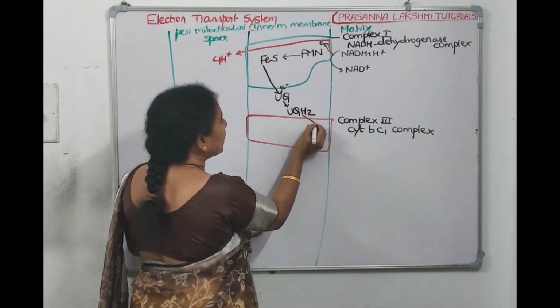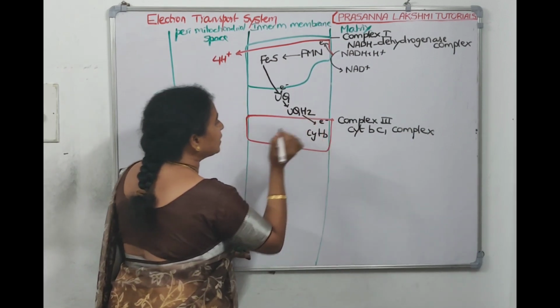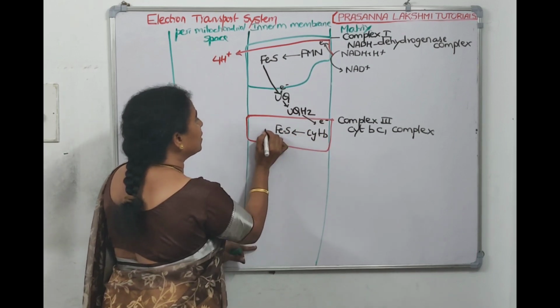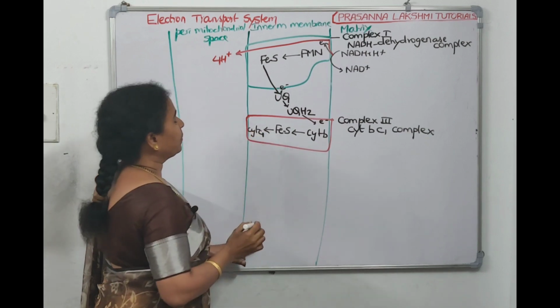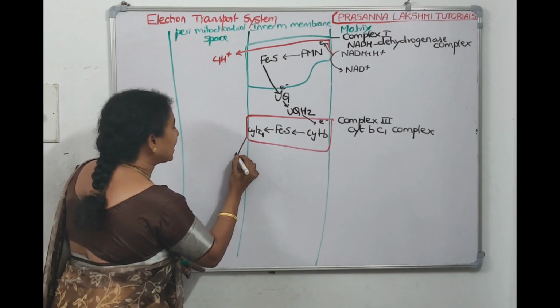Now it takes the electrons from here. Cytochrome B will take the electrons and pass them on to the FeS protein. From there the electrons will go to cytochrome C1. From C1 the electrons will come to a mobile carrier.